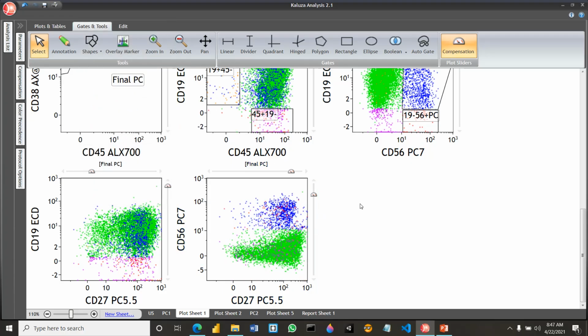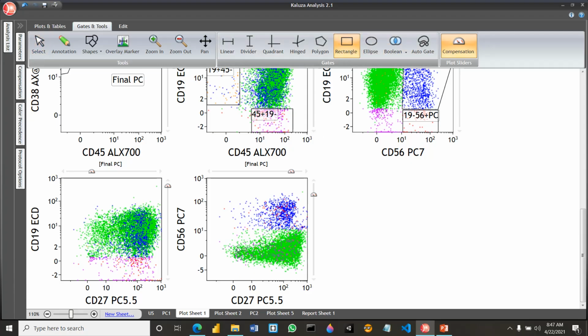You can see the cells which are CD56 positive show moderate expression of CD27, which is more or less normal. And we have again CD56 positive here, and then a CD27 dim to negative population here, which is CD56 negative.